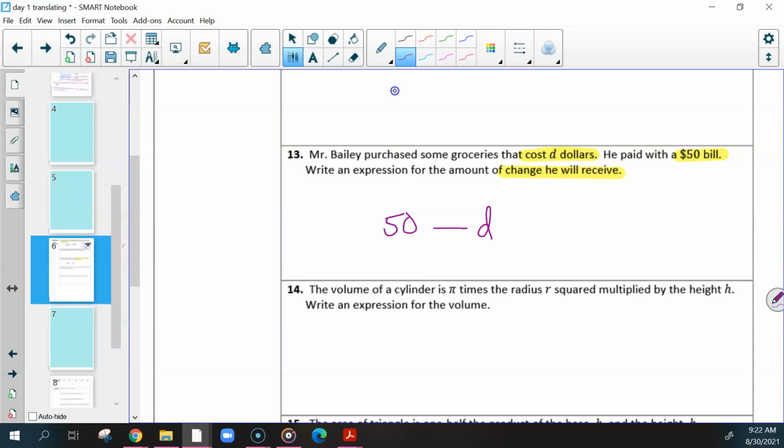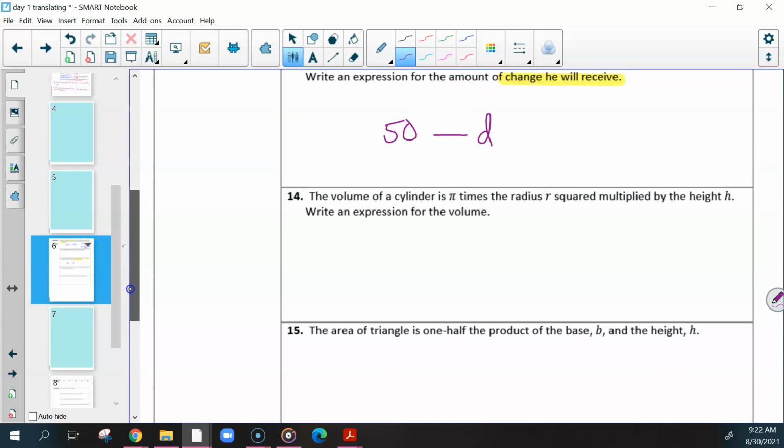If we were actually solving it, we wouldn't just have an expression, we'd have an equation that would tell us how much change we got, and then we could actually figure it out. Because we weren't given that information, we can't solve it.